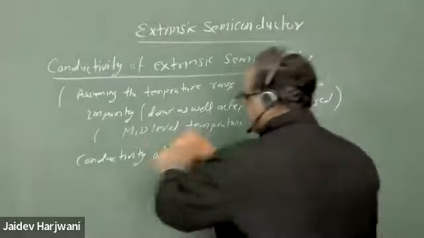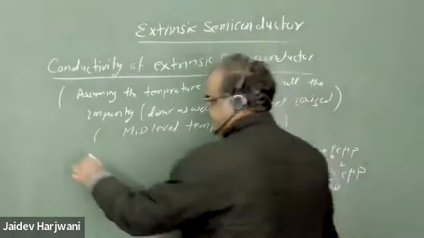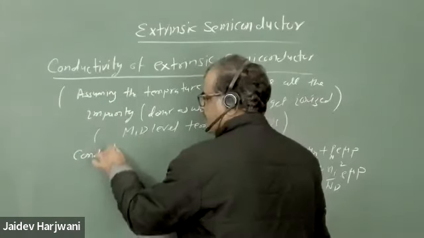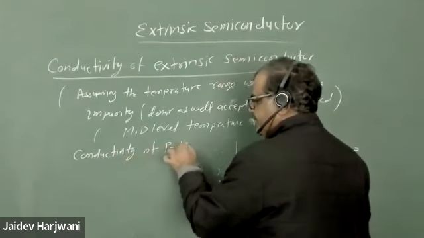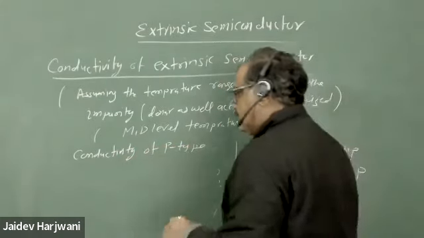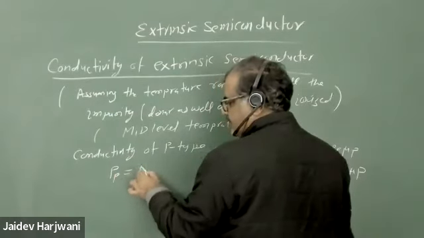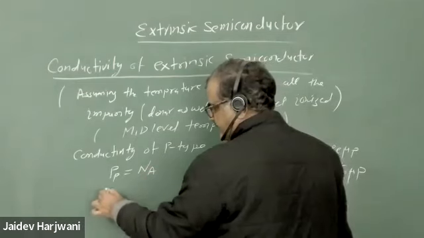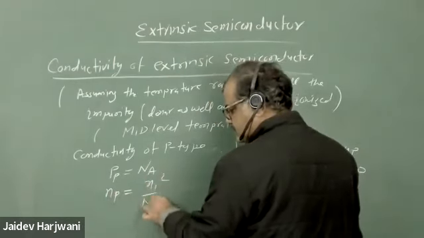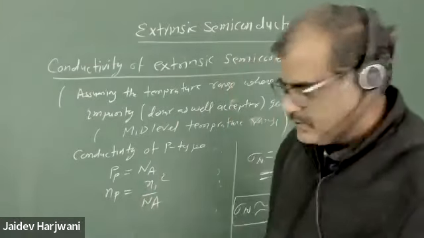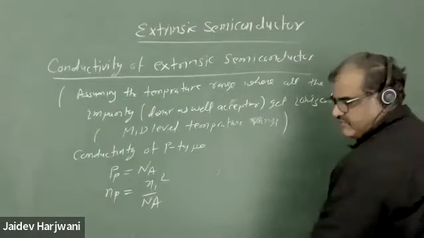Now similarly, if I want to write the conductivity of p-type material: in p-type material, we have holes equal to the impurity atoms, Na, and electrons equal to ni square upon Na. Again I can use the same formula.